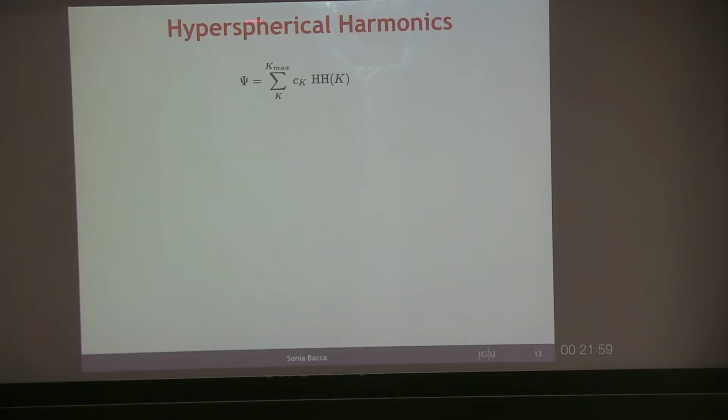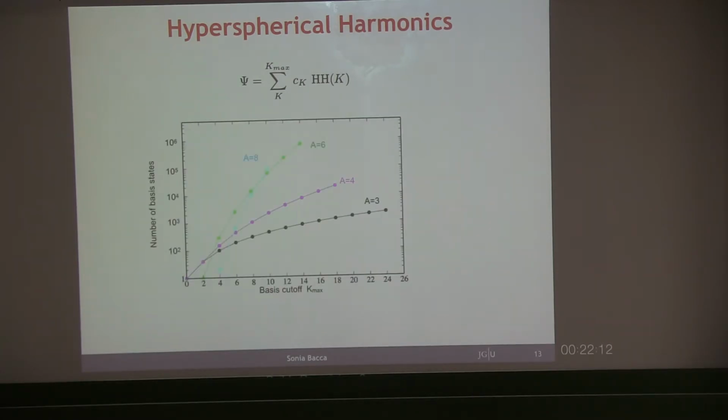And if you take this ansatz and plug it into the Schrödinger equation, what you would see is that you end up having to solve a diagonalization problem. You have to diagonalize your Hamiltonian on that. The fact is that this Hamiltonian matrix becomes larger and larger as you increase the number of nucleons.